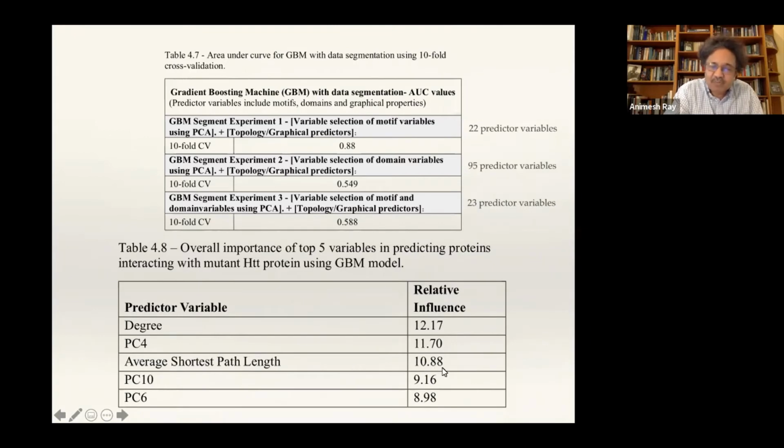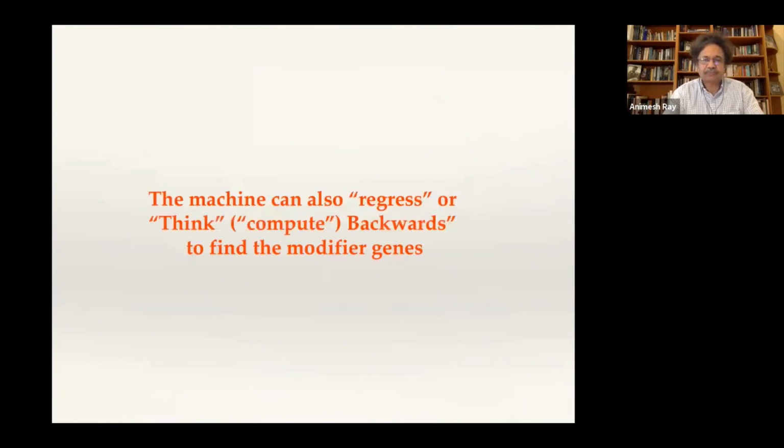Average shortest path length, which is not a local property of the protein, but is a property of the entire network attached to any specific node that we're talking about, is actually a pretty strong predictor. And similarly, principal component 10 and principal component 6, which have to do with which kinds of domains and motifs we used.